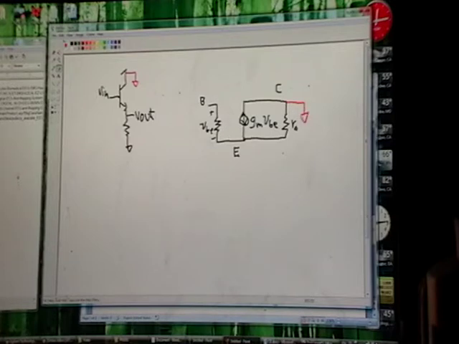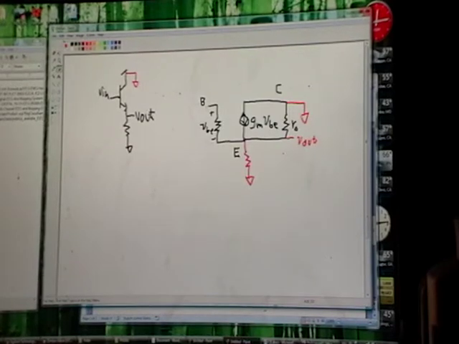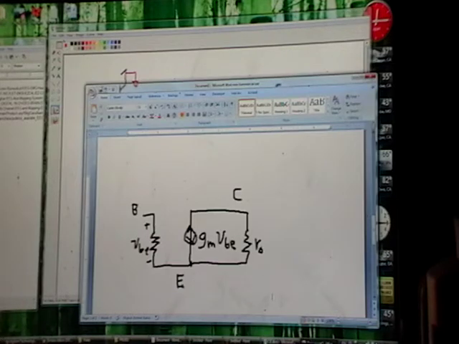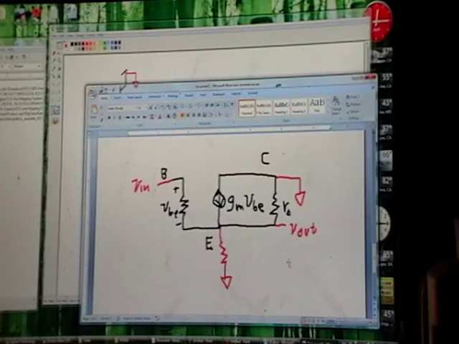The emitter is connected to V out, and the emitter is also connected to a resistor that goes to ground. And the base is connected to V in. So there's our circuit that we're going to work with, before any simplifications. That's what our circuit looks like.